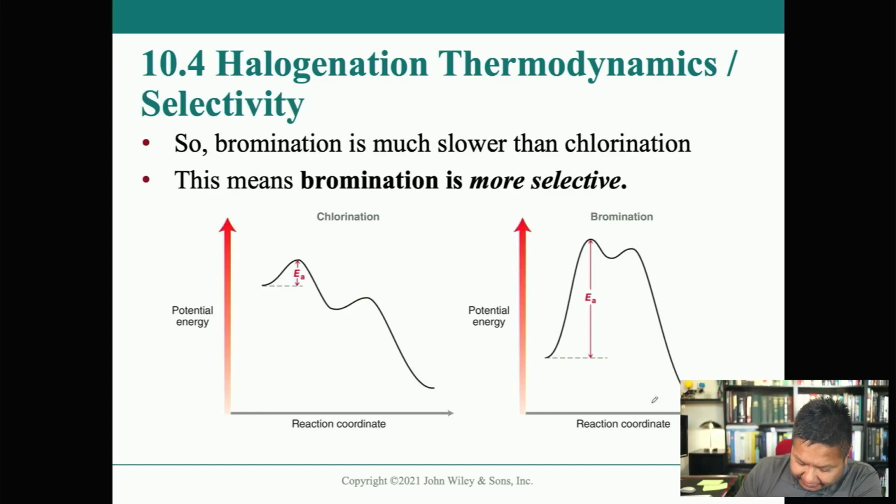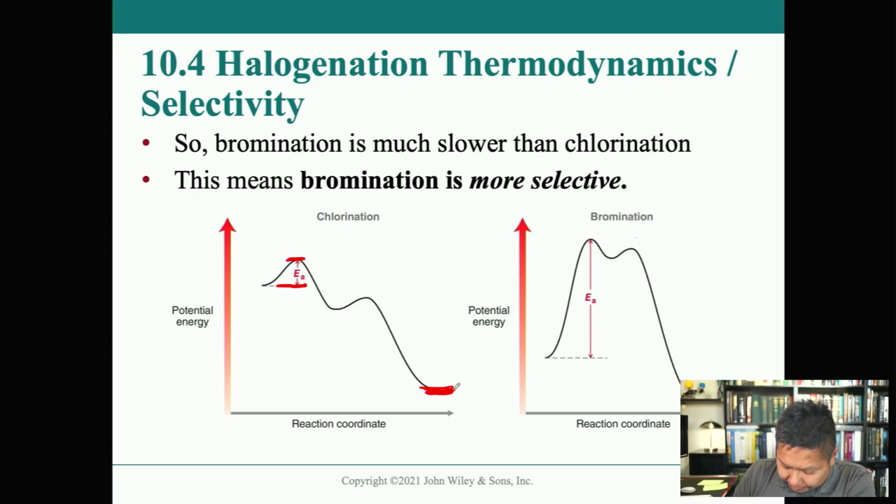What it means is that the chlorination, since it's exothermic, is going to have a much smaller activation energy, okay? And the reason why it's so exothermic is because the potential energy of the product is way down there, right?